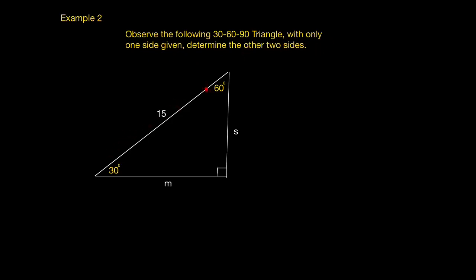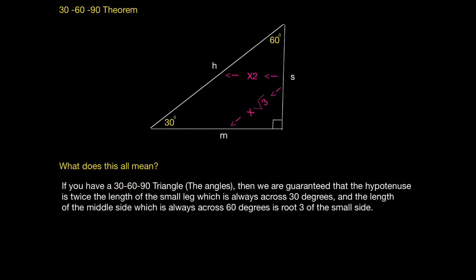This time we're given this length, which is across from the 90-degree angle. That's telling the reader that we were given the hypotenuse this time. The diagram I shared with you tells us how to navigate when we have the small side. Well, secretly, it's actually telling us how to navigate using any side.